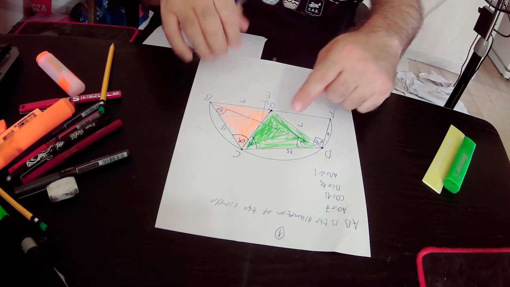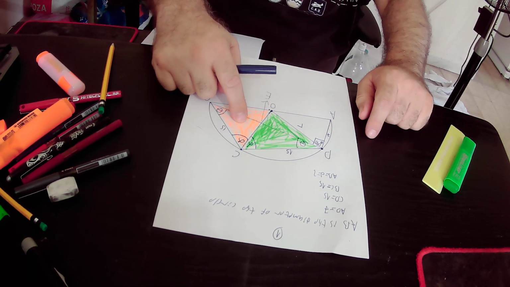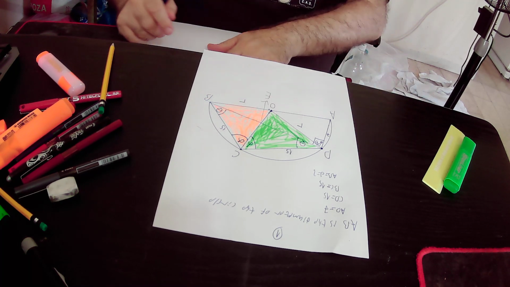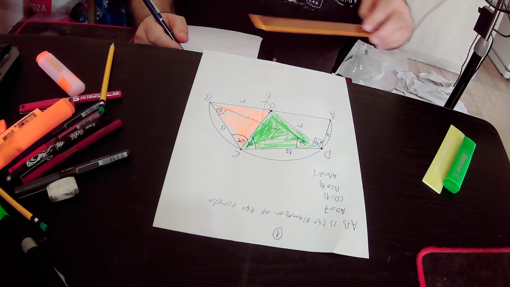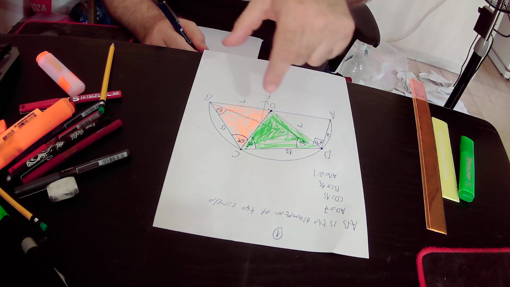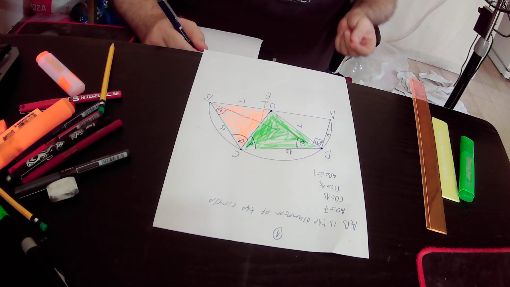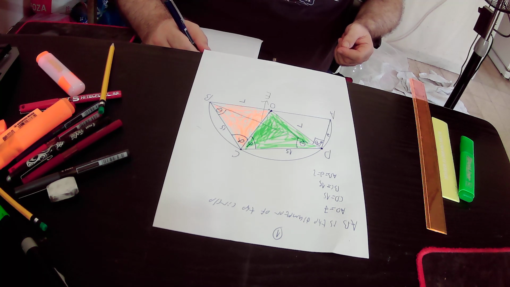This is the green triangle and this is the orange triangle. On those two triangles, we know that side DC of the green triangle is equal to side BC of the orange triangle. Both of those two sides are equal to 15 units. DC equals CB, both equal to 15 units.